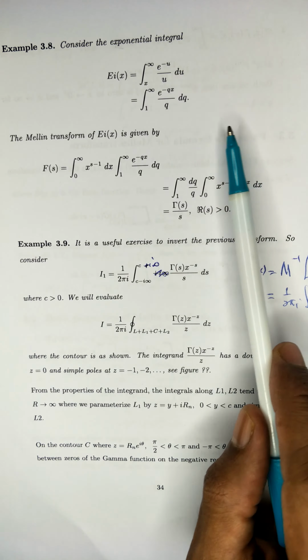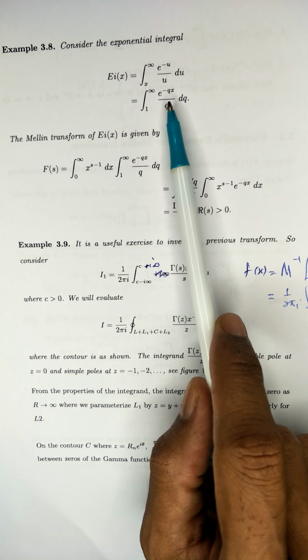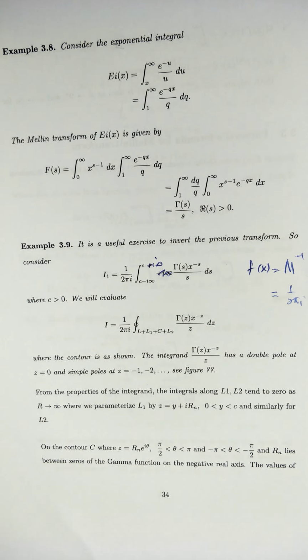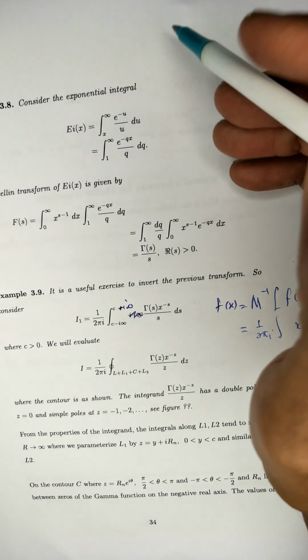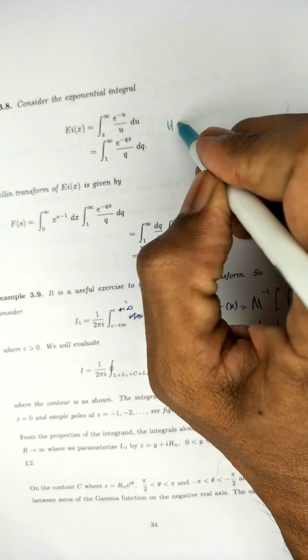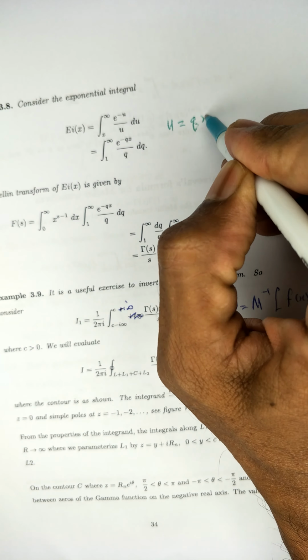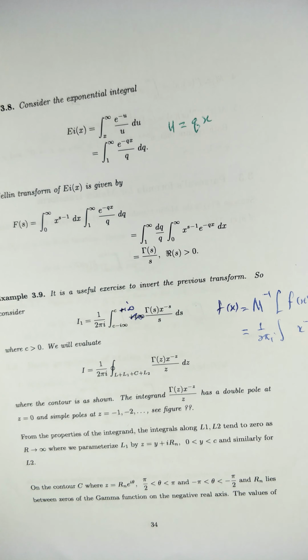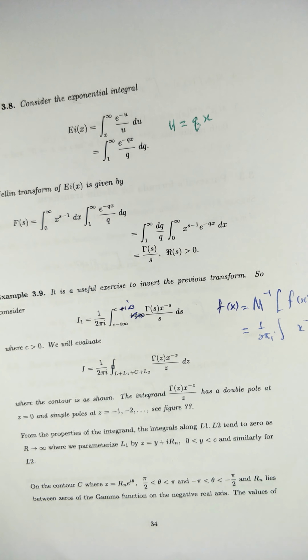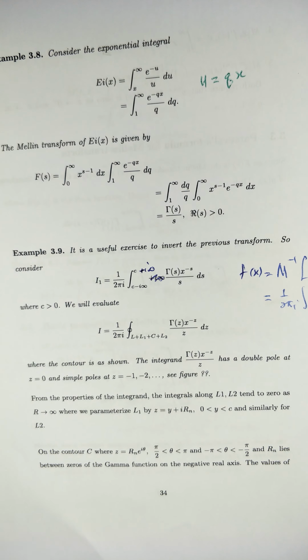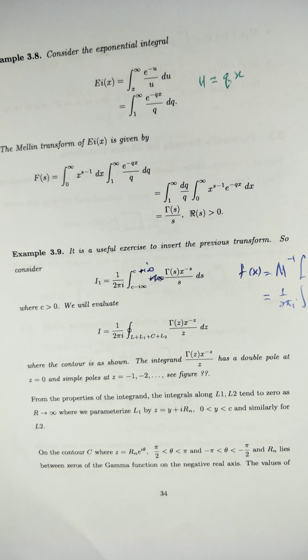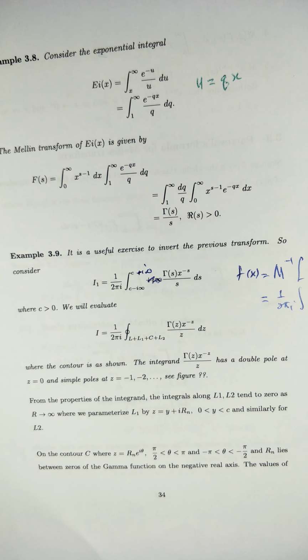With a change of variable, just consider u equal to qx, then you can have that line. So the Mellin transform of the exponential integral is given by that.